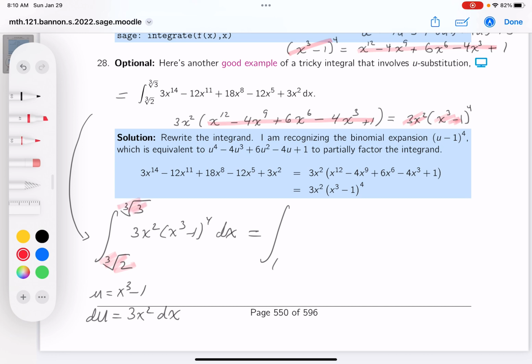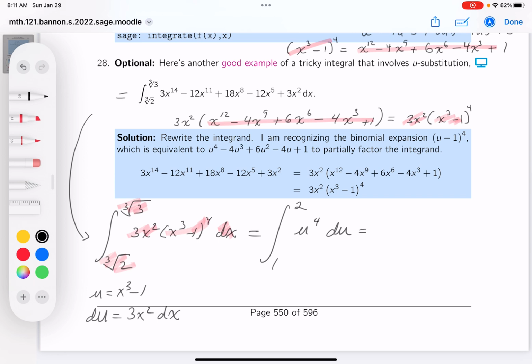When you cube the cube root of 3, you get 3, and 3 minus 1 is 2. The 3x squared dx is du, and x cubed minus 1 is u, so it's u to the 4th power.